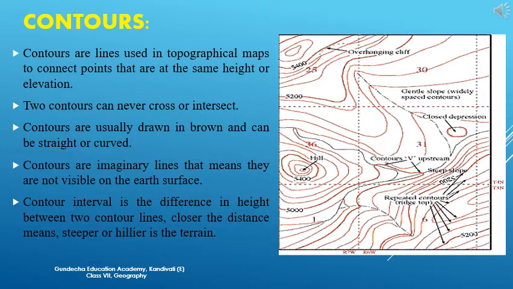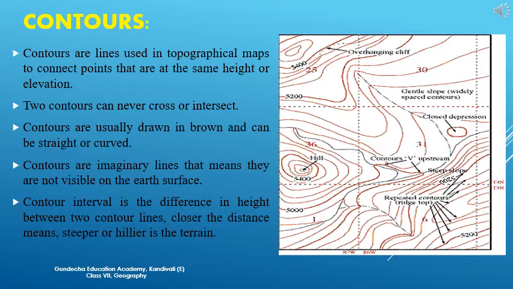Do you remember that two contours can never cross or intersect each other? Contours are usually drawn in brown and can be straight or curved. These are imaginary lines. That means they are not visible on the Earth's surface. So don't try to look for a contour line when you visit a hill station.